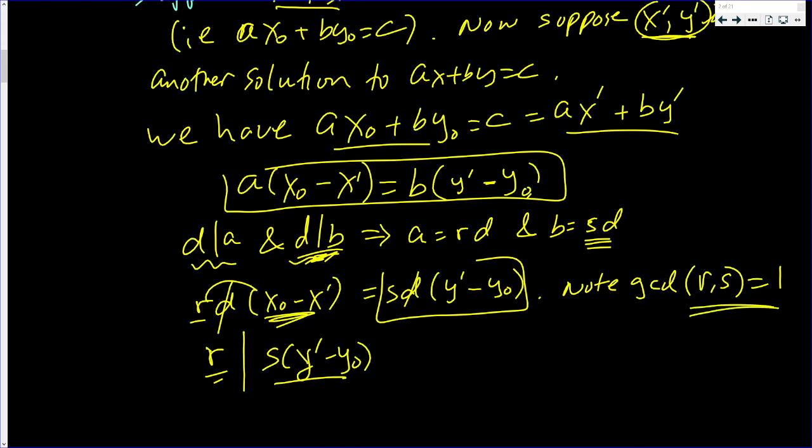But since R and S have absolutely nothing in common, this must imply that R divides y prime minus y0. But that implies that y prime minus y0 is r times t.